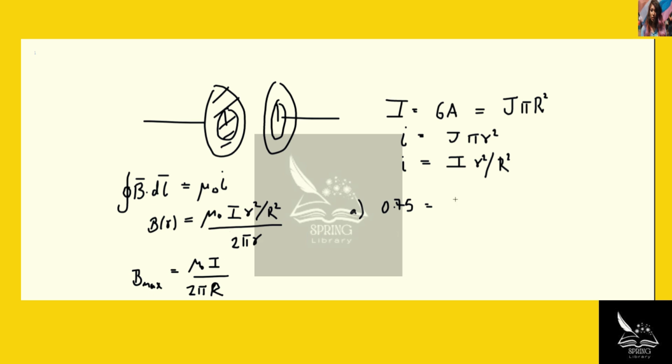So I can straight away write this as r squared over R squared, divided by 2 pi r, and 2 pi R. That gives us r over R equal to 0.75.